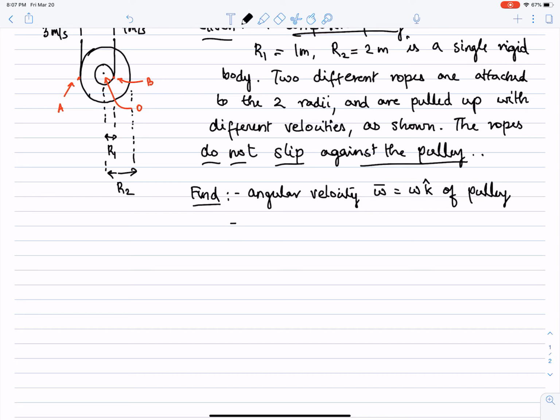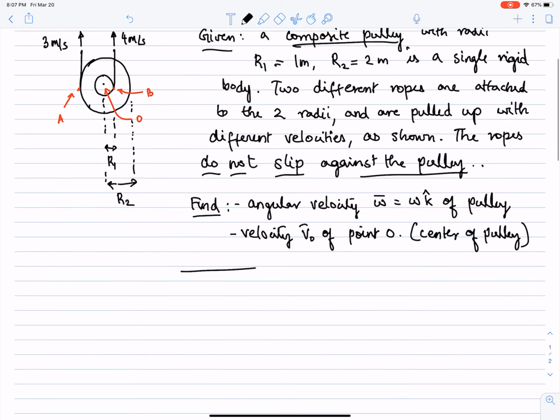And then the other thing we are asked to find is the velocity V naught of point O, which is the center of the pulley. Okay, so those are the questions.